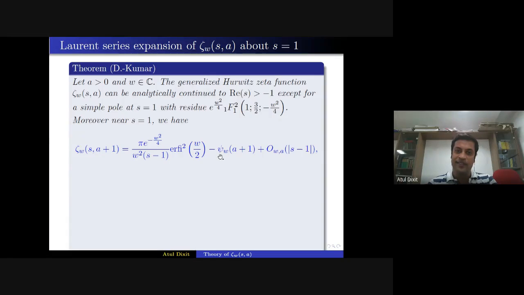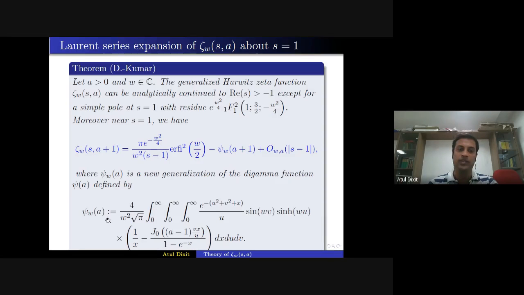And then there is this generalized digamma function which we encounter. Now, let me first define this digamma function. We know that psi of a, the usual digamma function, is defined as the logarithmic derivative of the gamma function, or one can also have various integral representations. So this generalization comes through the integral representation.